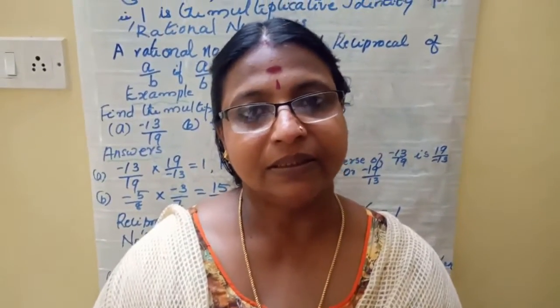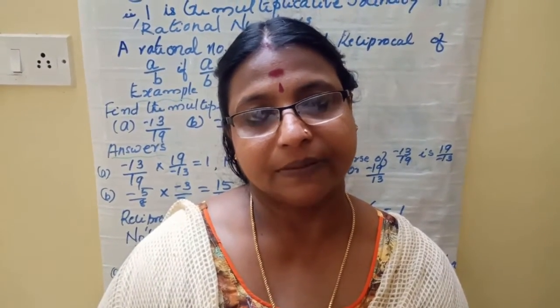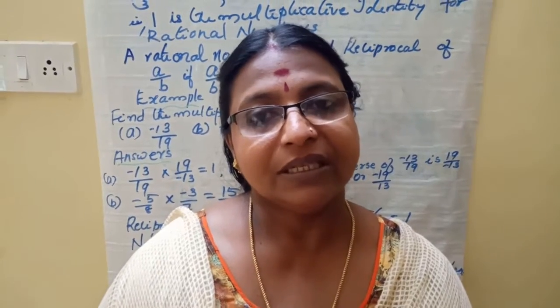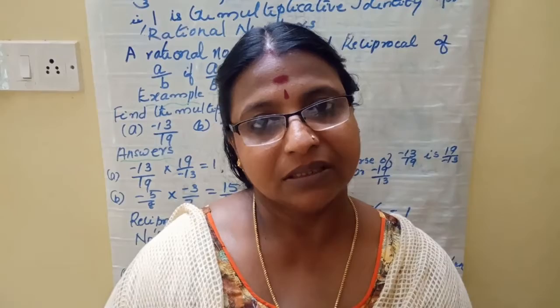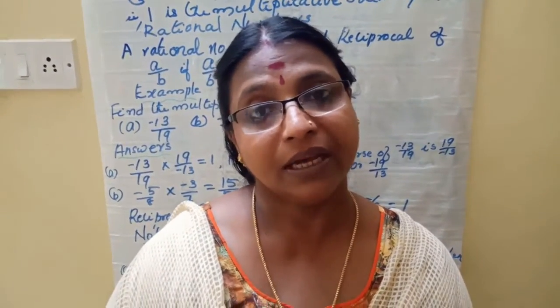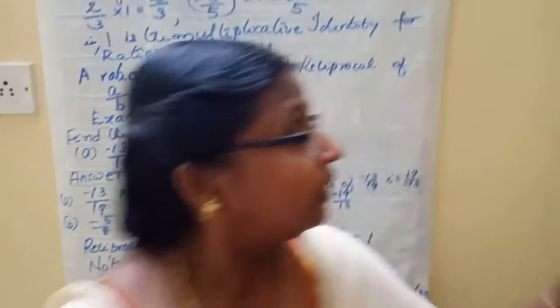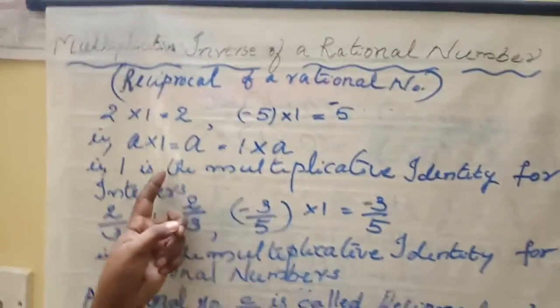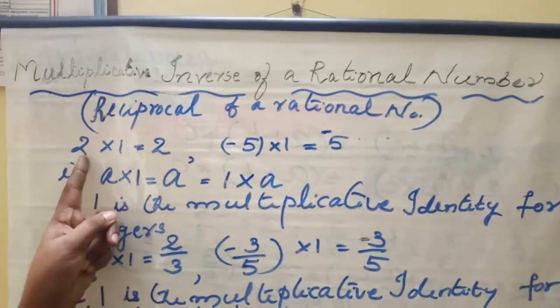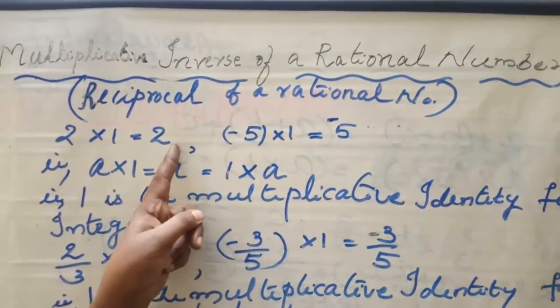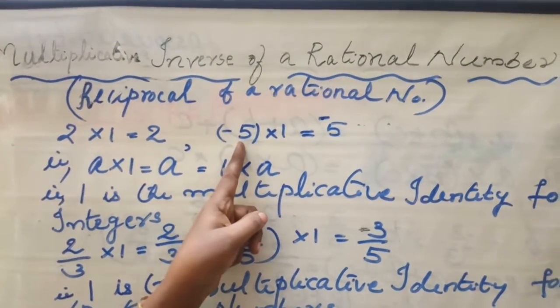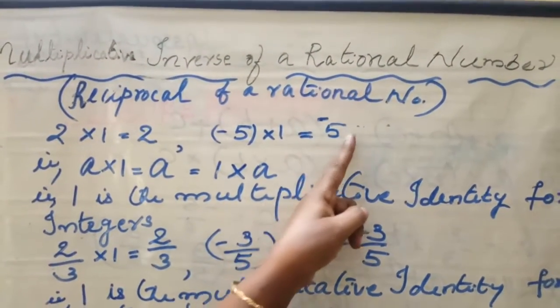Dear students, now we can see the next property of rational numbers. First one, what is the multiplicative identity of rational numbers, and what is the multiplicative inverse of a rational number. Now let us consider 2, a positive integer, into 1 equal to 2. Minus 5, a negative integer, into 1 equal to minus 5.